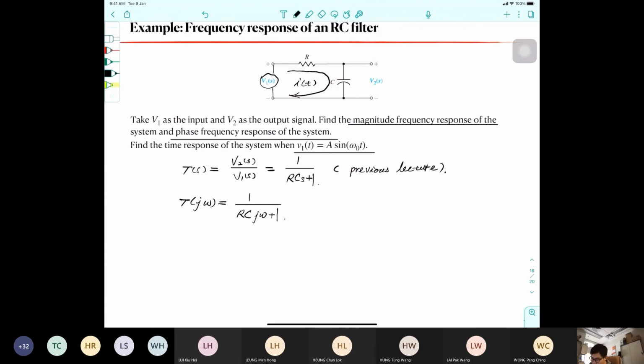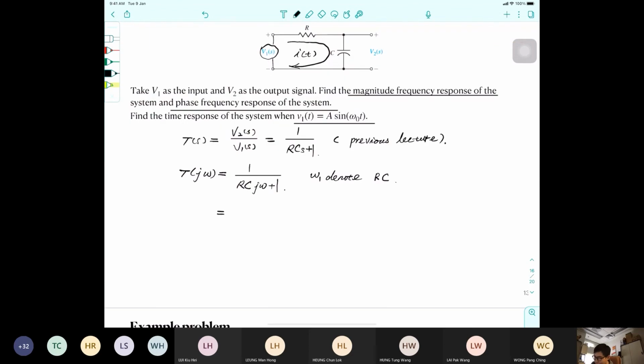And now we use ω1 to denote RC, so it can be clear, okay? So 1 over jω1ω plus 1, right?